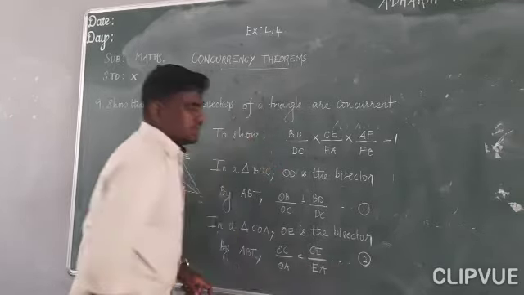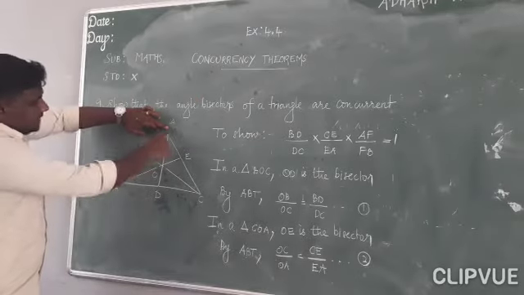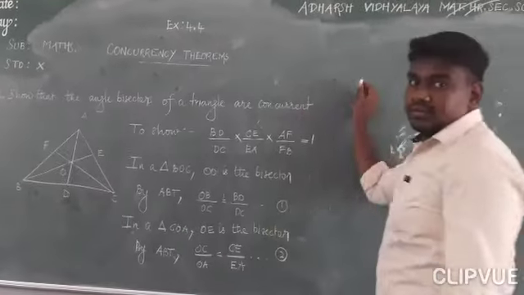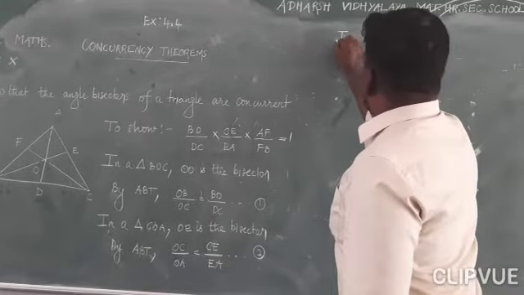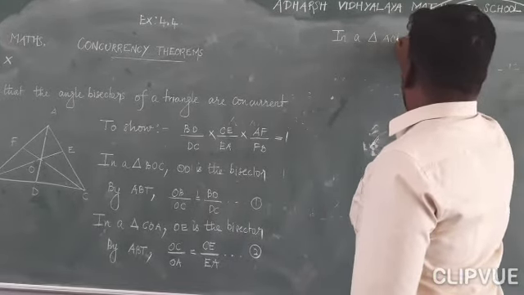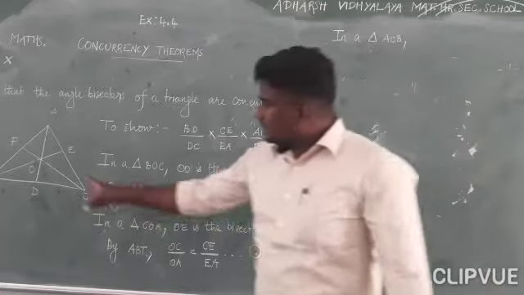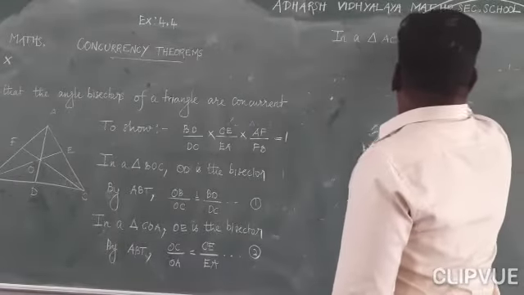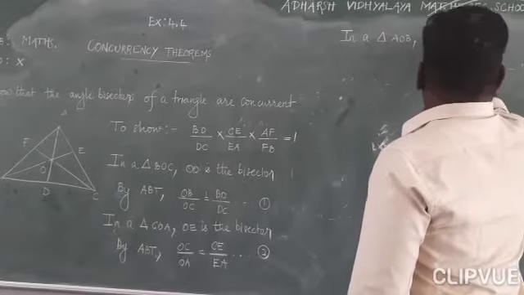This is 2. The third one, in triangle AOB, this OF is the bisector.